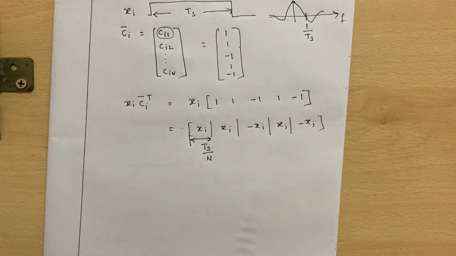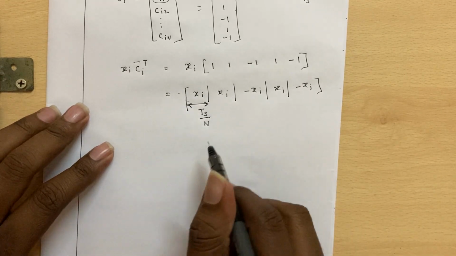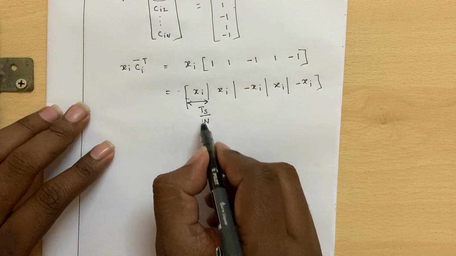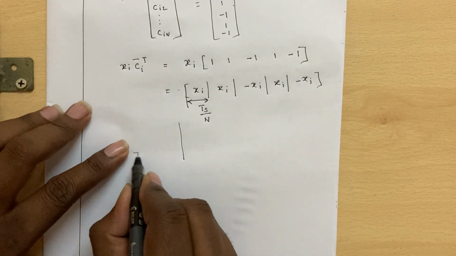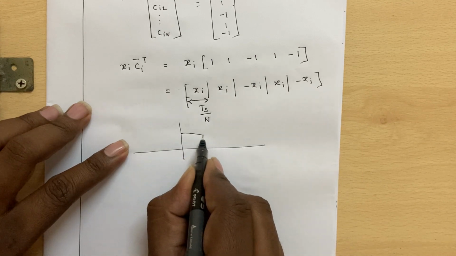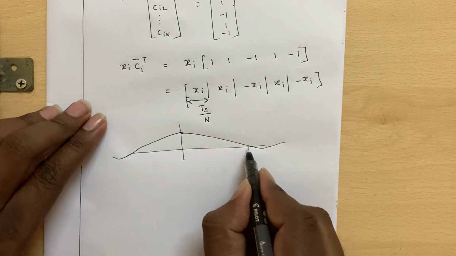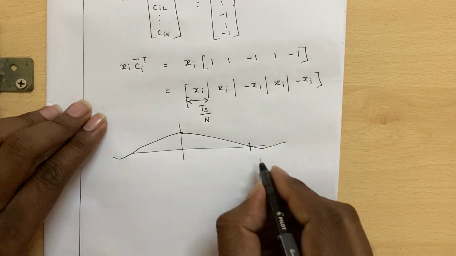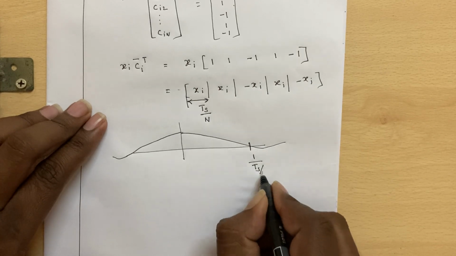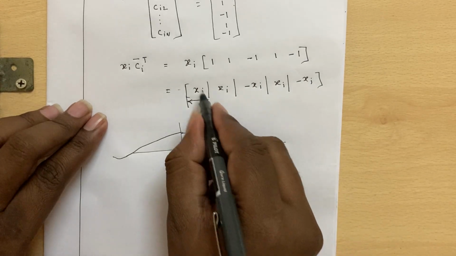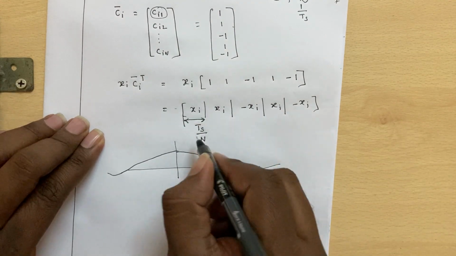After multiplication with the code word, because the signaling interval is Ts by n, the spectrum will again be a sinc function, but spread over a larger bandwidth, because the null now occurs at 1 by Ts by n. This short pulse we also call a chip.